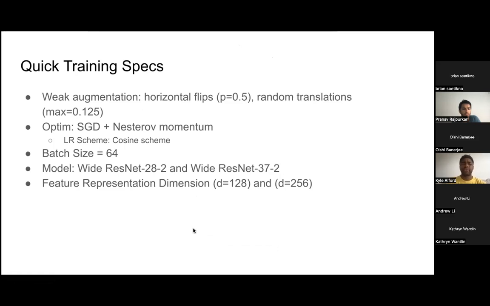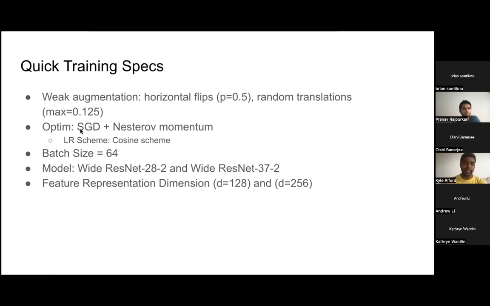And then before I go into the results, just really quickly, here are quick training specs for how they trained the networks. And so for the weak augmentation, they just used horizontal flips with a probability of 0.5. And they also used random translations with a max of moving 0.125 or 12.5% of the maximum height of the image.